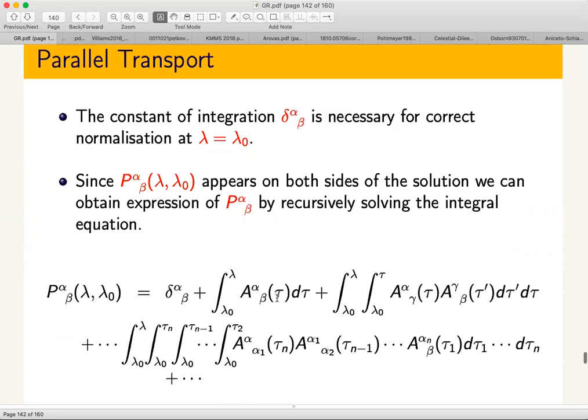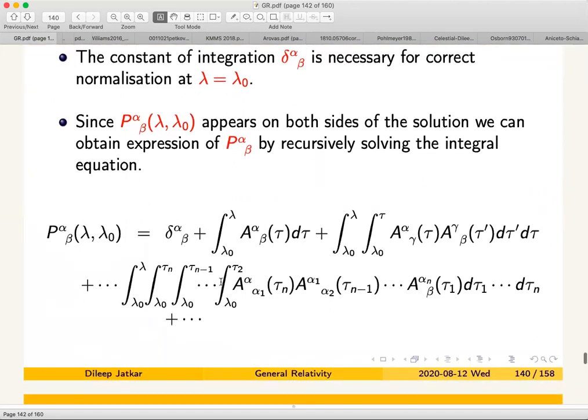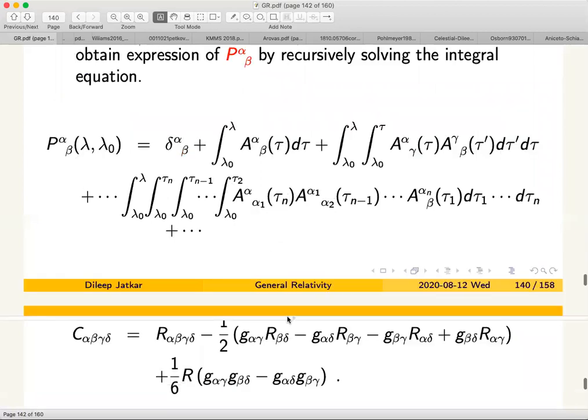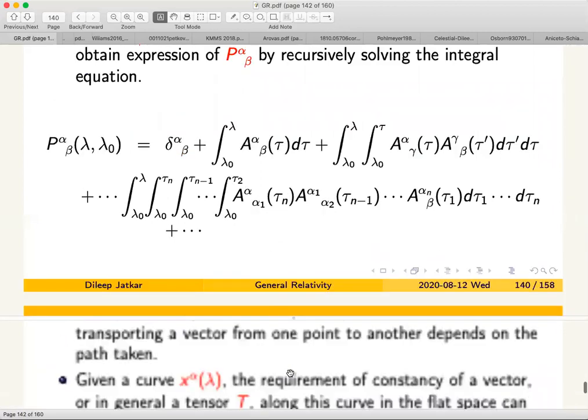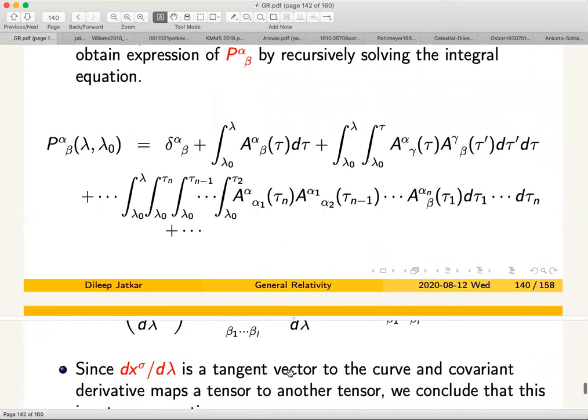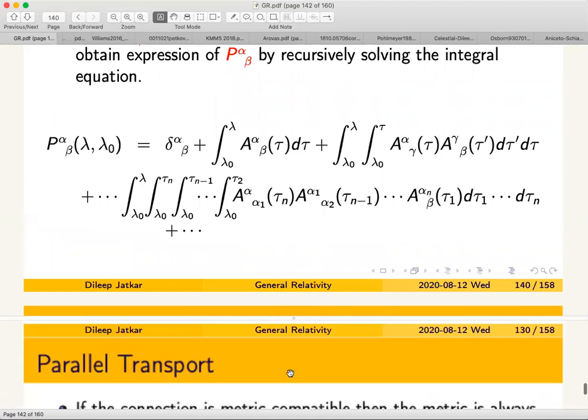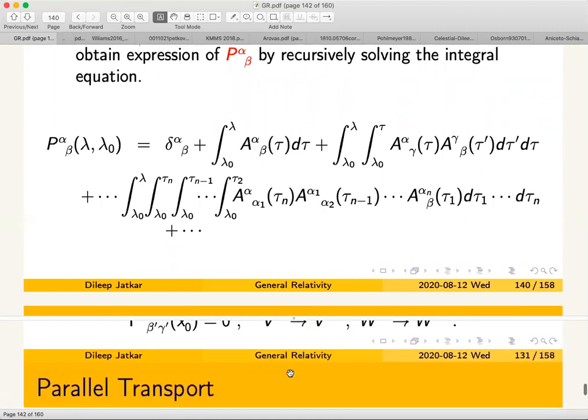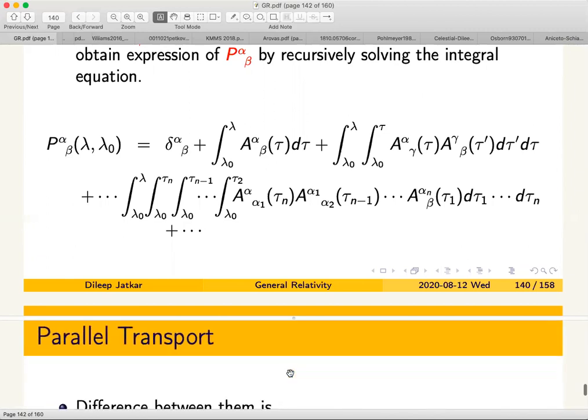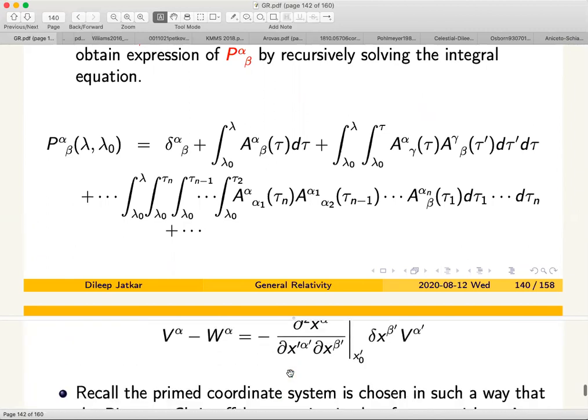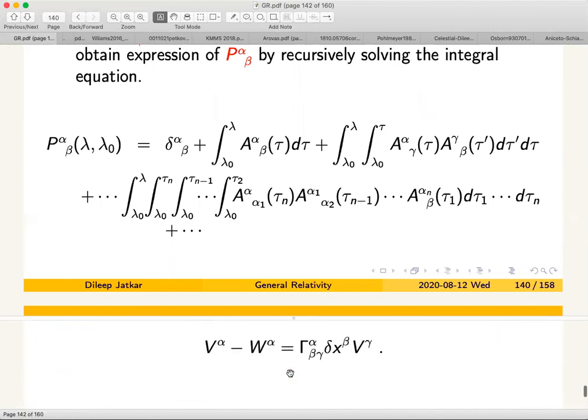The reason why I don't have p at all is because to leading order I am substituting p as delta. Okay, so let me just keep that equation in front.